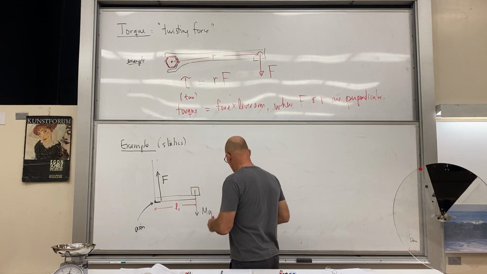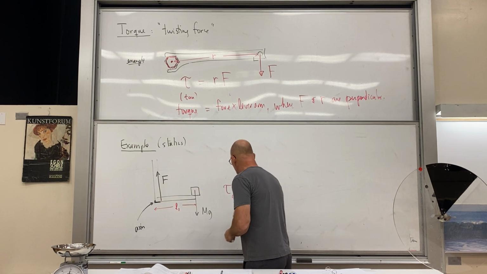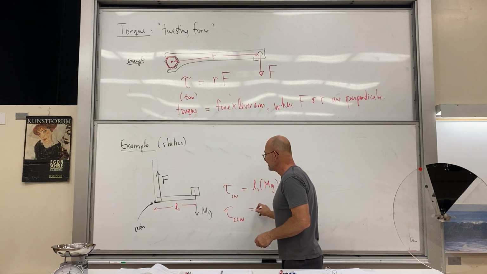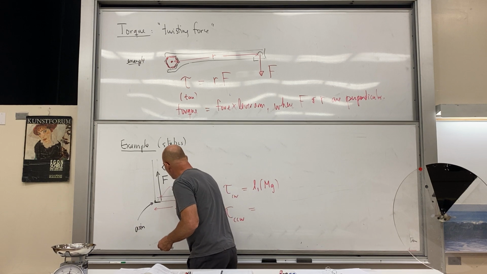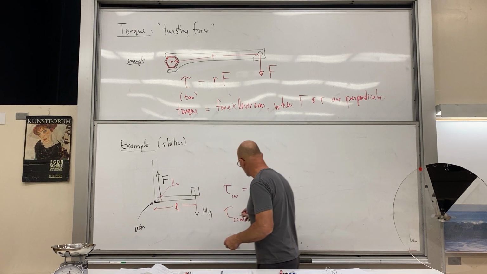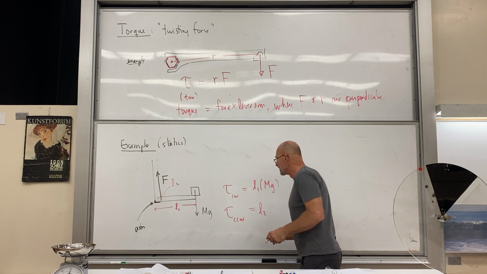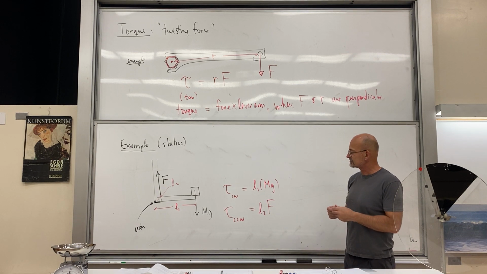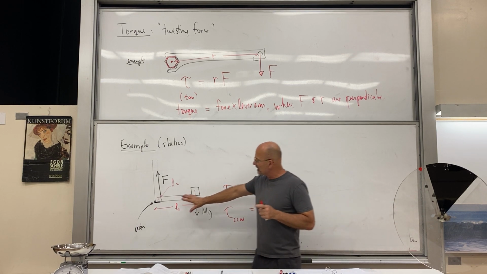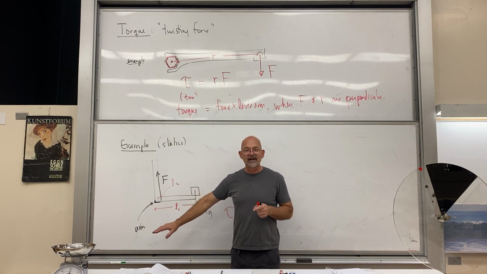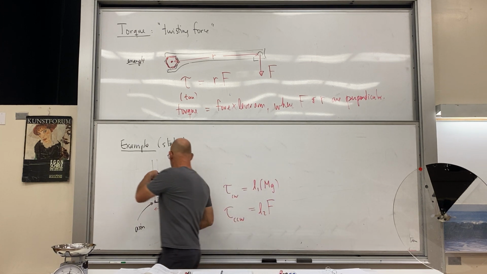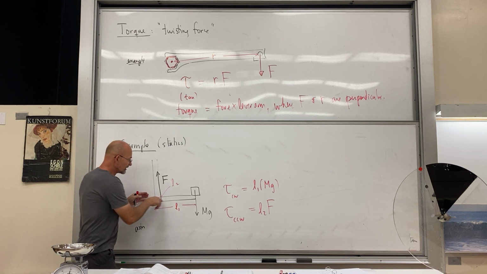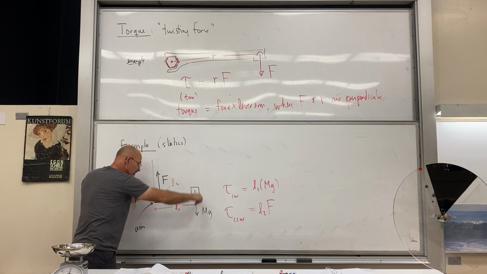So the counterclockwise torque is equal to, and I have to give this a name, L2, that really short length, times the force there. And the equilibrium condition is that these two torques have to be the same. So this force has to pull up enough so that this downward force can't twist the arm.